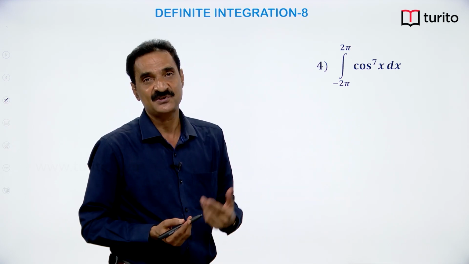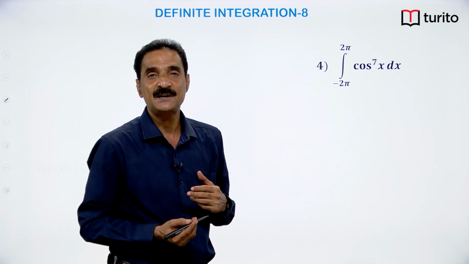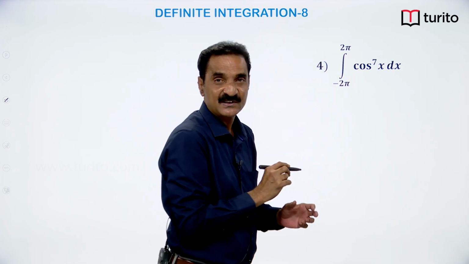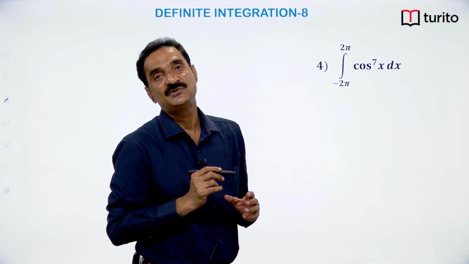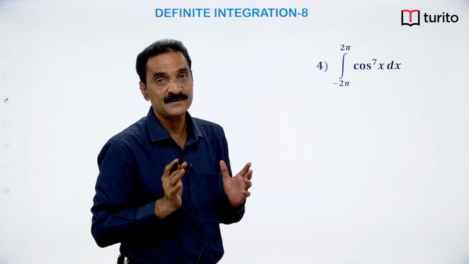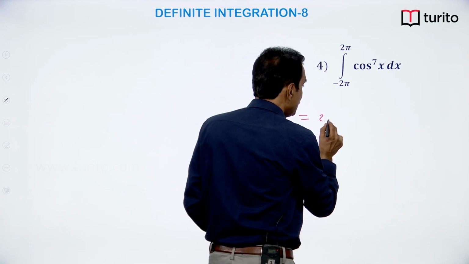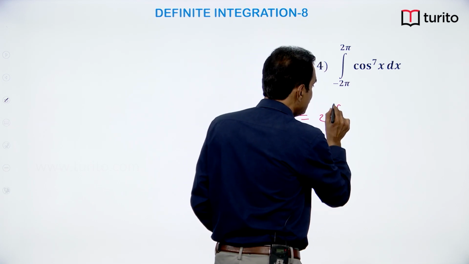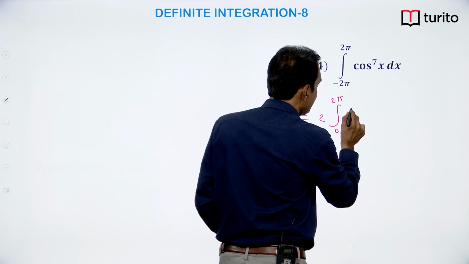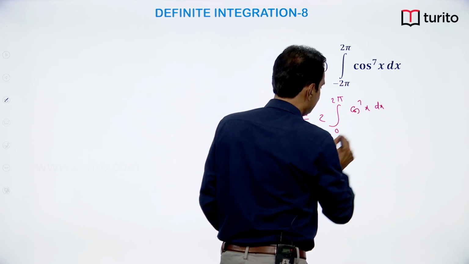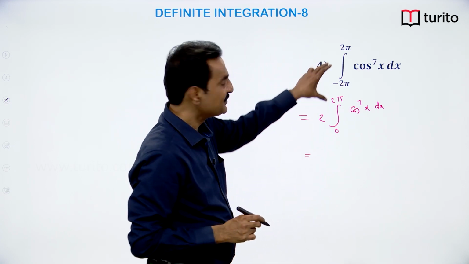So, it is even function. So, what is the property? You can write integral minus a to plus a f of x dx as 2 integral 0 to a f of x dx if f of x is even. So, I will write it as 2 integral 0 to 2 pi cos power 7x dx. Now, limits have changed.